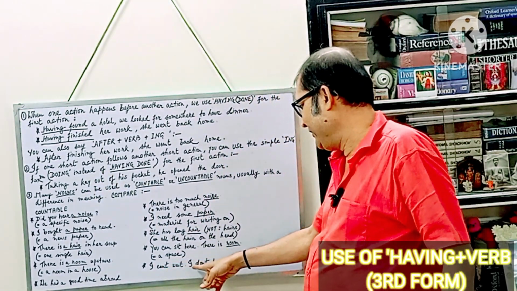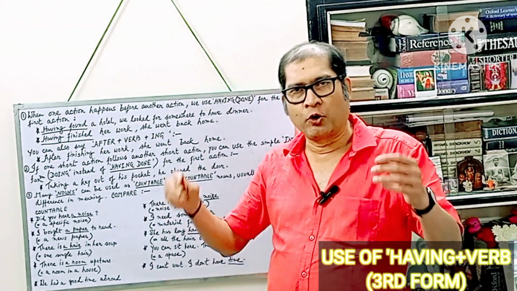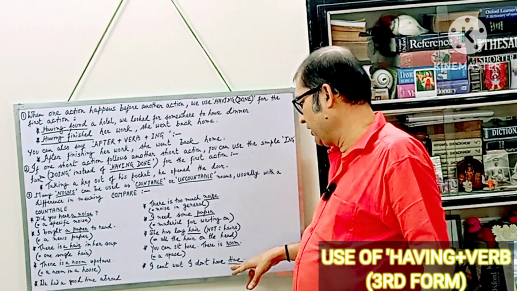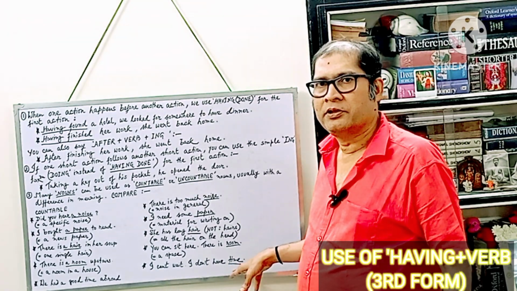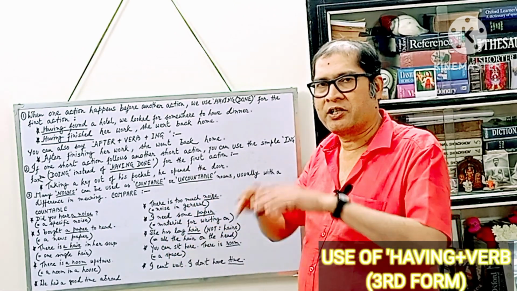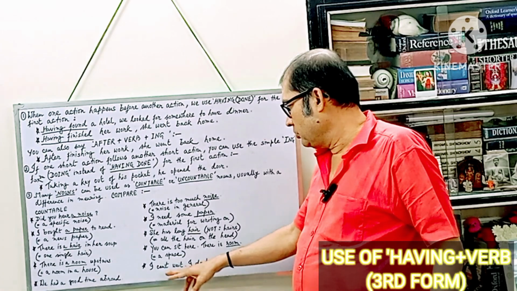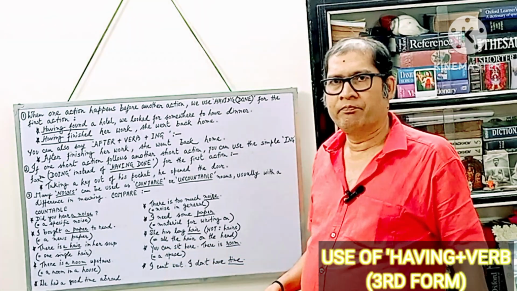I can't wait. I don't have time. Here no article is there. Here time is time in general. Not a specific period of time, but time in general. So, please, I can't wait. I don't have time.